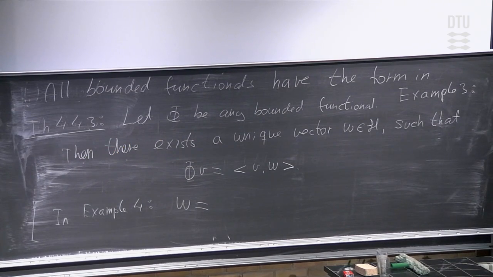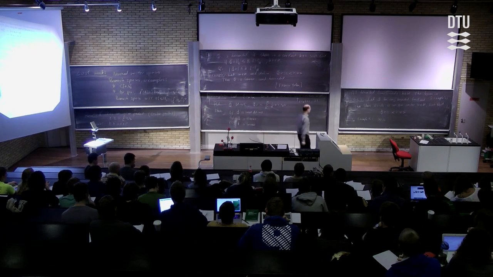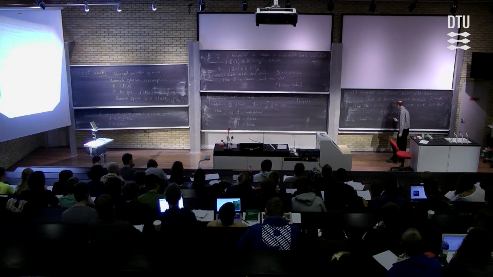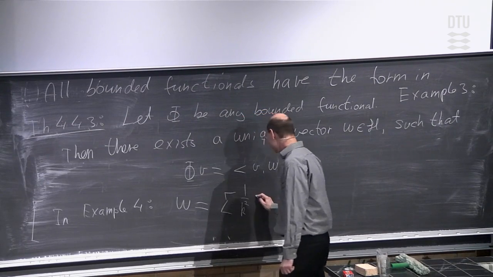Bjørn? I would say a sum of all the vk's divided by k squared. It is 1 divided by k to the power 2, and then vk, exactly.